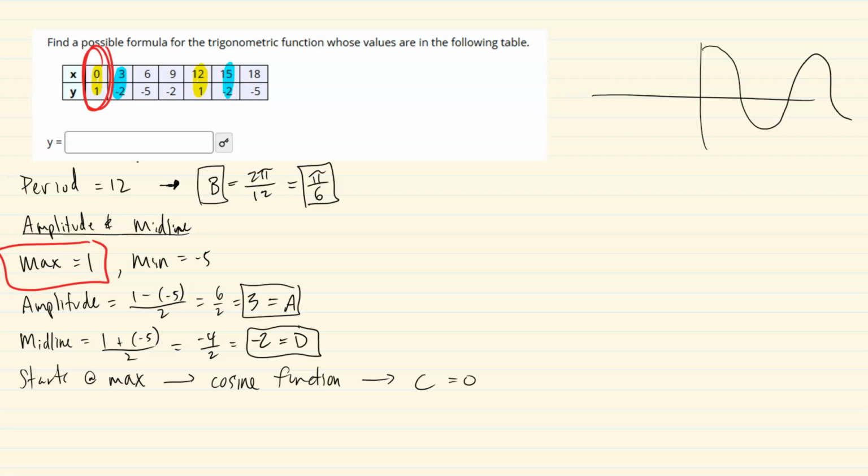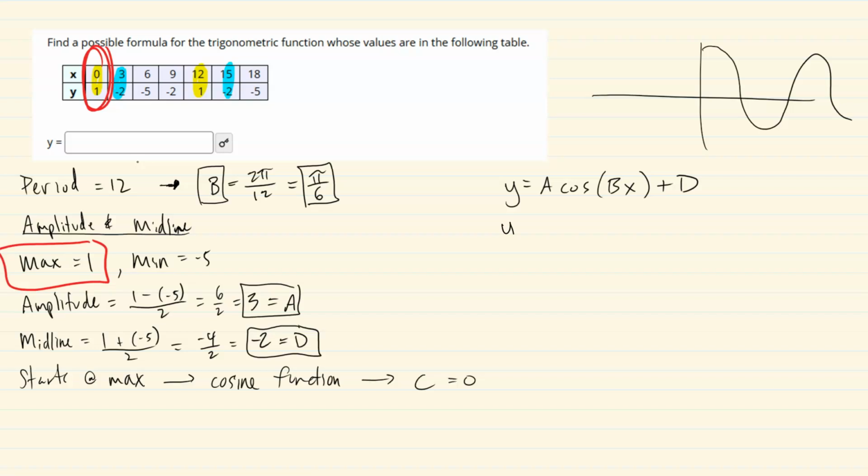There's no horizontal shift. So we're going to be using y equals a cosine bx plus d. There's no c, no minus c inside the parentheses with the x.